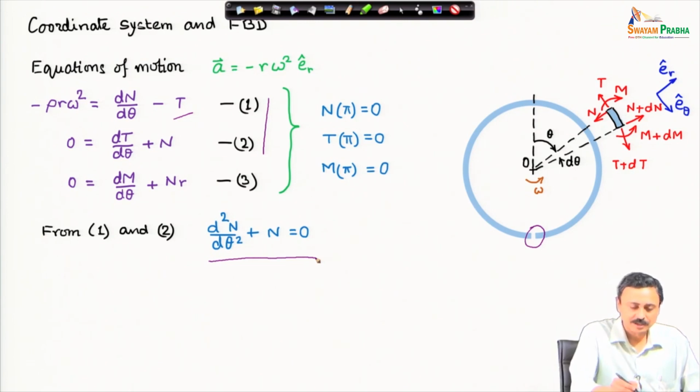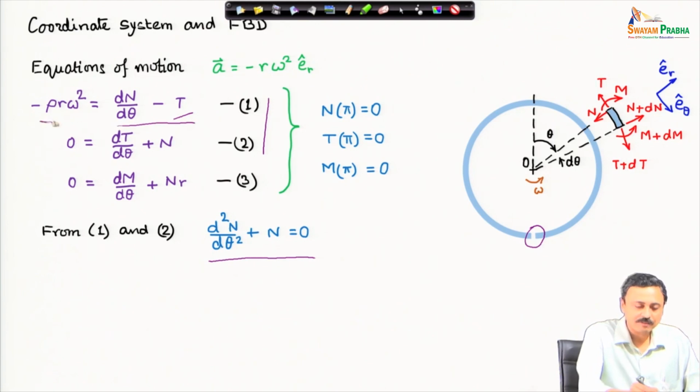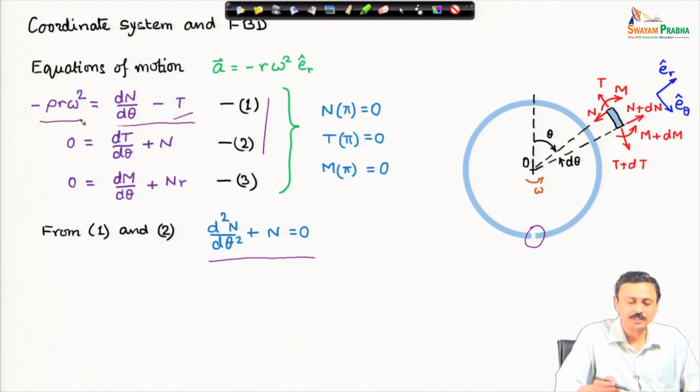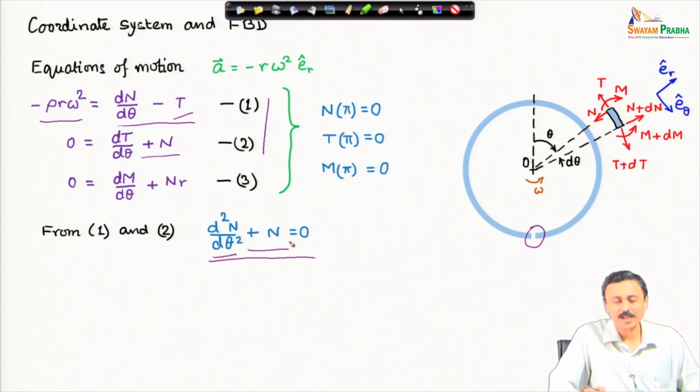If I differentiate this with respect to theta, the left hand side is not a function of theta. Therefore, the second derivative of N with respect to theta minus dT/dθ, which is again minus N, so I get plus N equal to 0. Therefore, now I have a second order ordinary differential equation in N.